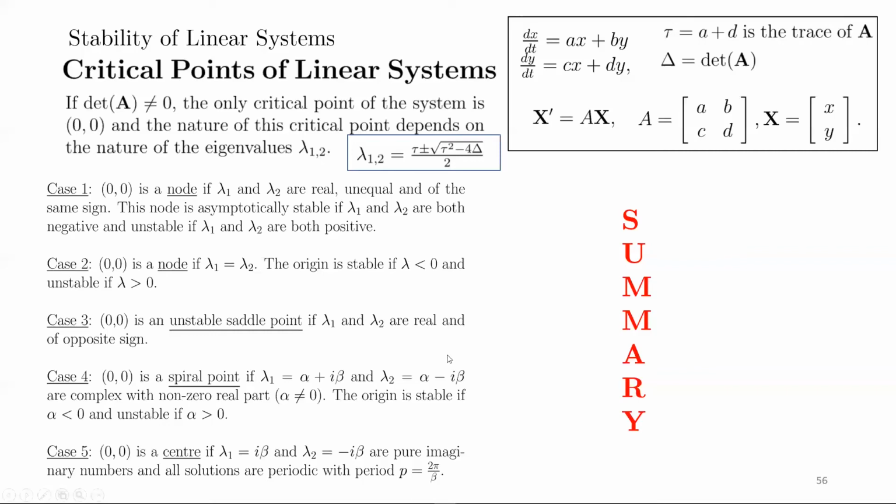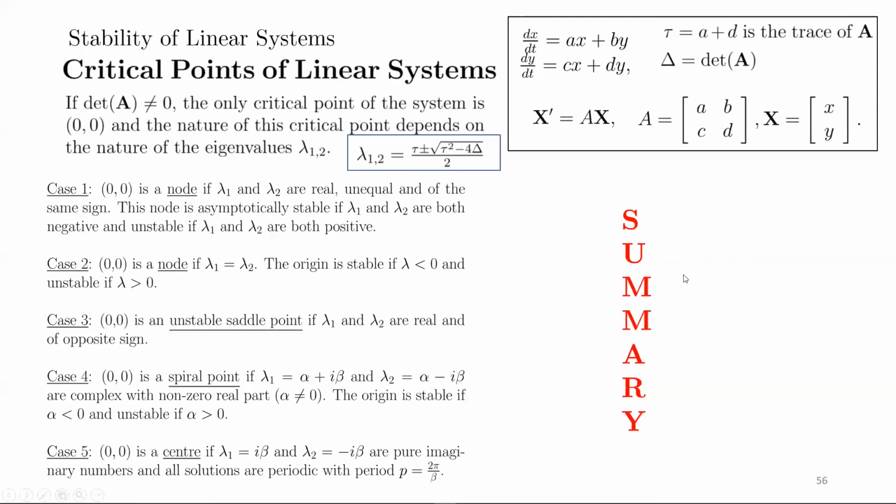A spiral point if we have complex conjugate eigenvalues with non-zero real part. Again, stable if the real part is negative, unstable if the real part is positive. And we have a center if we have complex conjugate eigenvalues with zero real part. So pure complex eigenvalues.